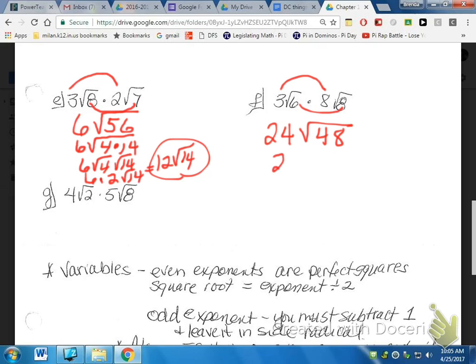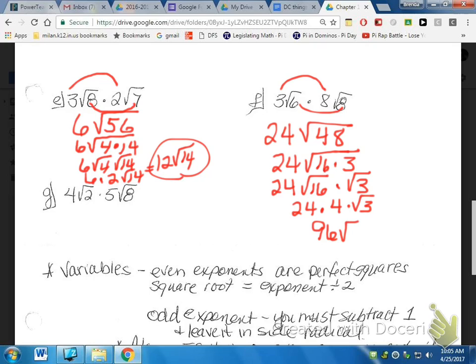Hopefully you recognize from 48 that breaks apart to 16 times 3, which would be 24 times radical 16 times radical 3. So in other words, 24 times 4 times radical 3, and then end up with 96 radical 3.